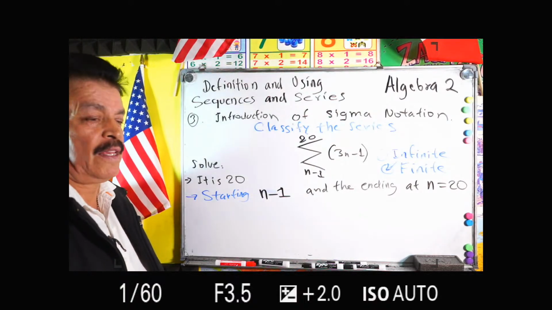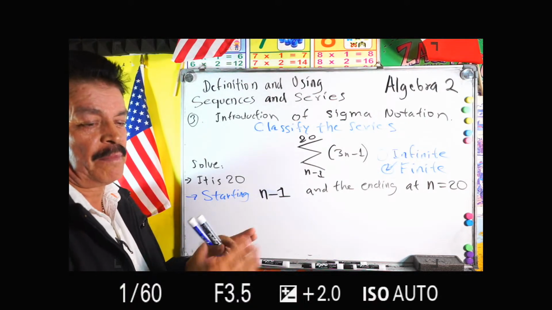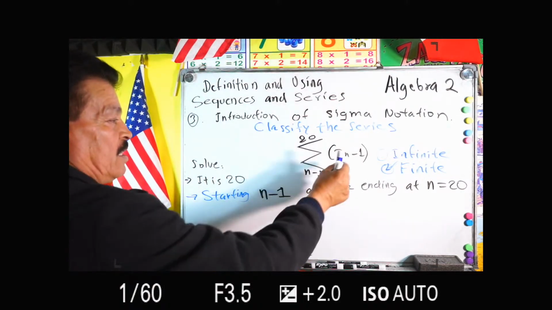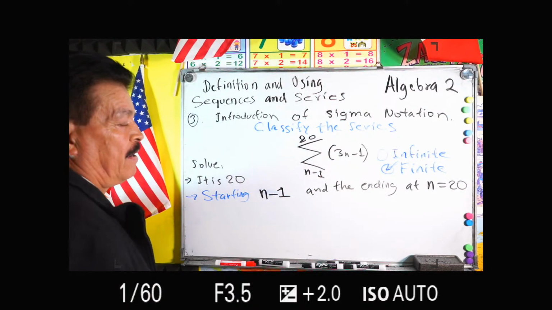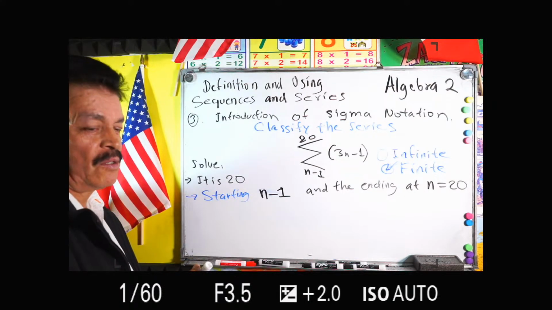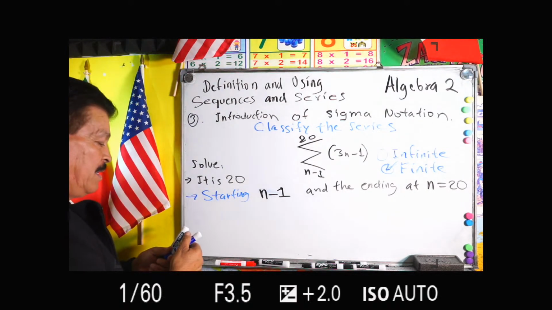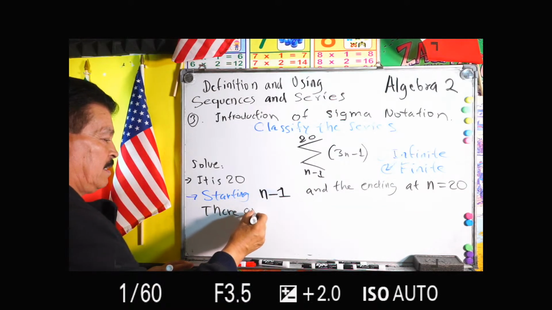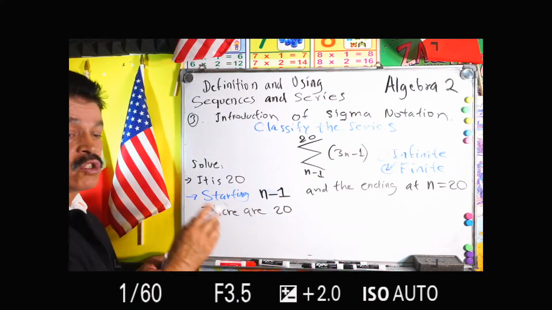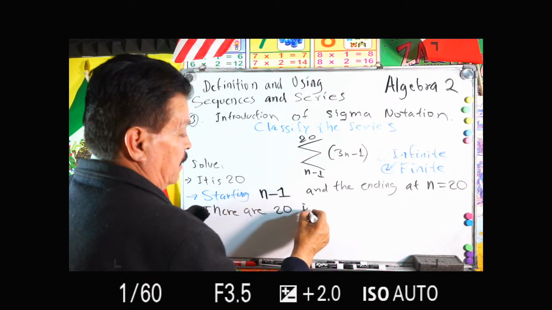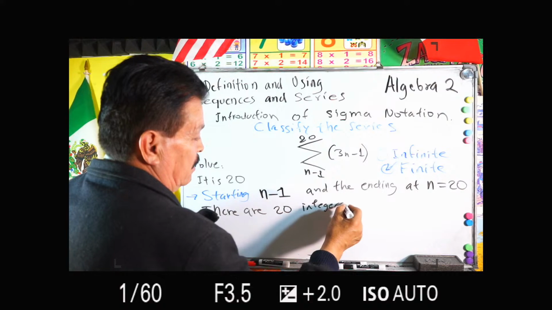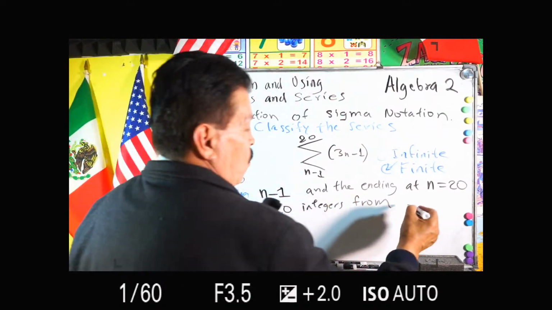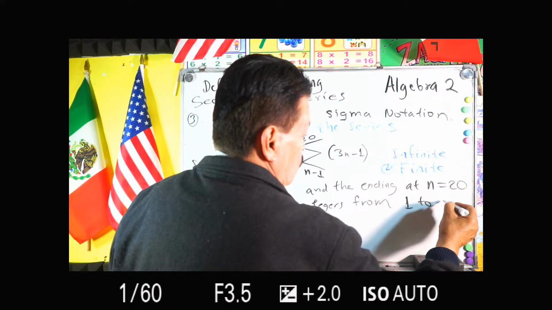I solved one problem at the beginning, so you have to work in this way. I don't want to do all the operations. So in this problem you work using this little equation, right? There are 20, so 20 integers from 1 to 20.